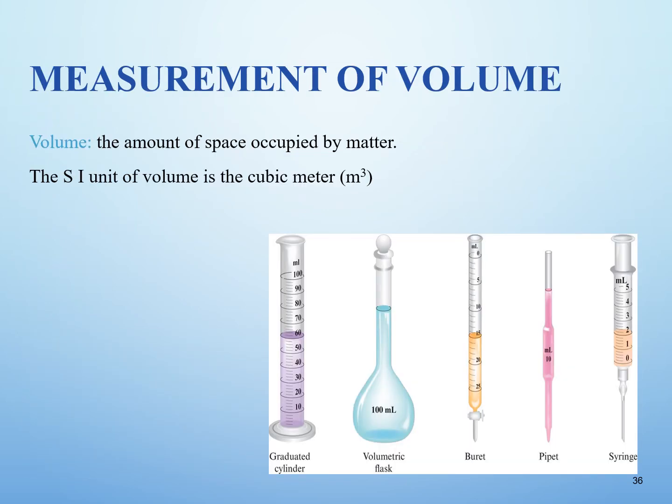And then we want to talk a little bit about volume. To measure volume, we have graduated cylinders, which you'll use a lot in lab, volumetric flask. And then we have a burette you'll use for titrations. We also have pipettes and syringes. We use pipettes too, but we don't use it as often as graduated cylinders and burettes.